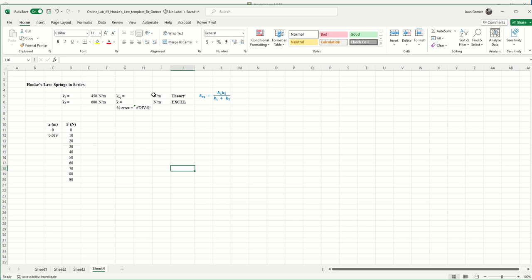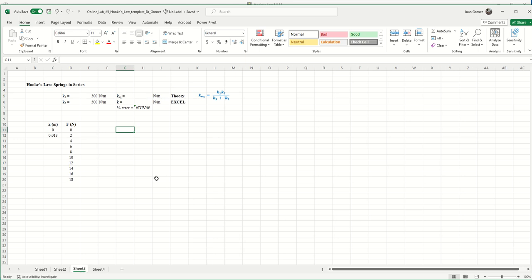Now again, in cell H5, you're going to have to enter the correct Excel formula that will give you the theoretical value of KEQ: K1 K2 divided by K1 plus K2. Again, I'm letting all of you figure that out on your own, but it shouldn't be that difficult. But if you're struggling, let me know.